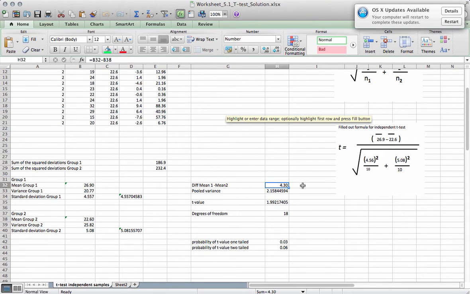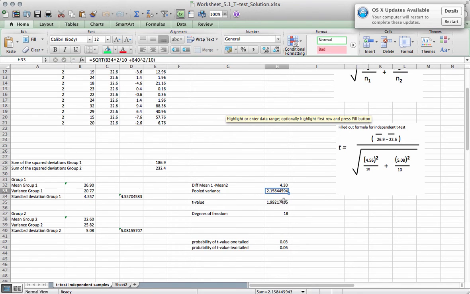So the mean difference is the term on top. The pooled variance is this term on the bottom. So we get the standard deviation of group 1 squared right here, divided by n, which is 10, plus the standard deviation of group 2 squared divided by 10. So right here, and we take the square root of this term.